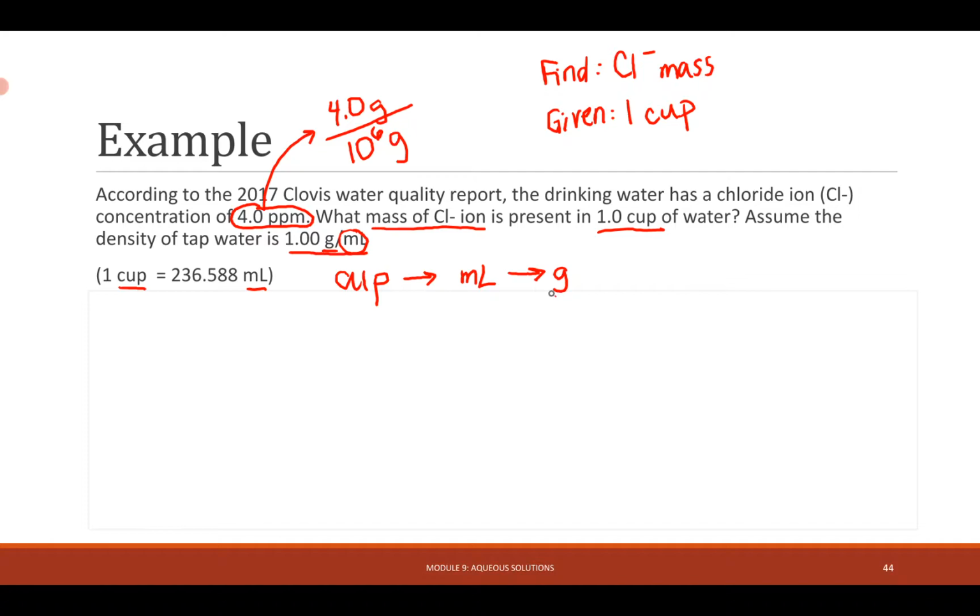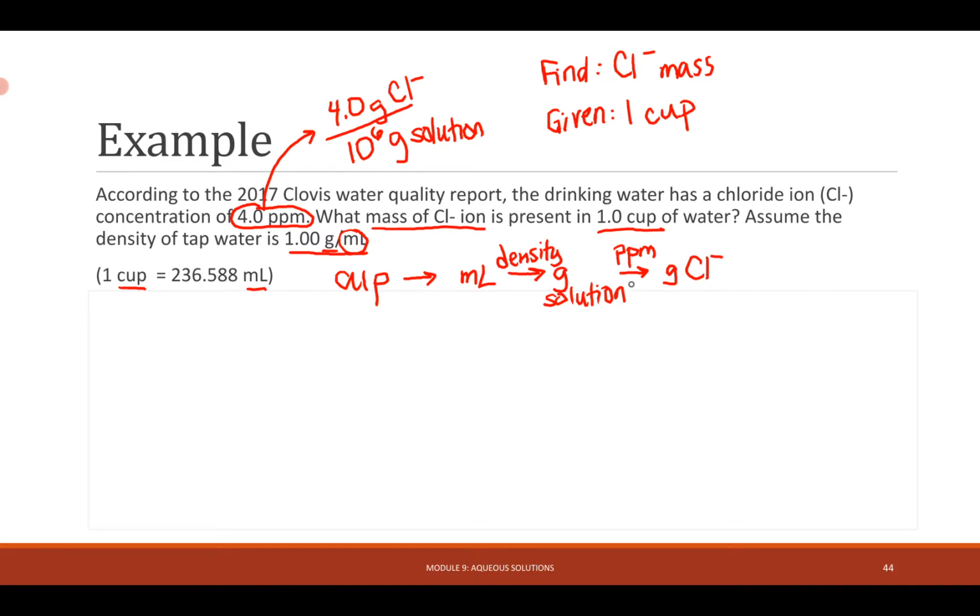That would be my grams of solution, because that's the density of the entire water. This is grams of chloride, because that's my solute. So I can use my parts per million to get into grams of chloride ion.